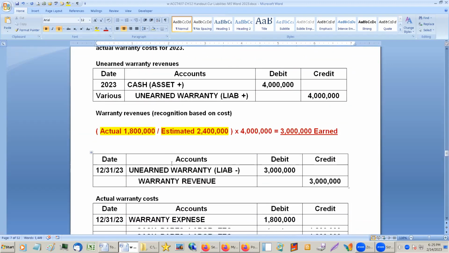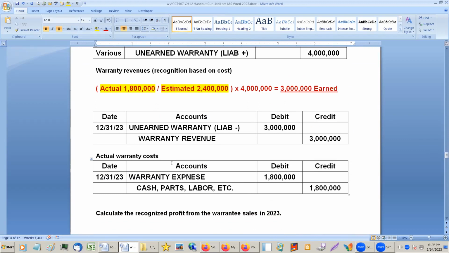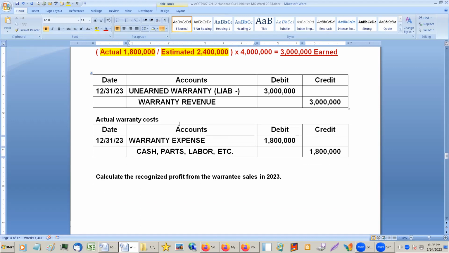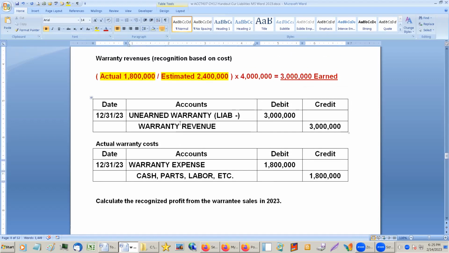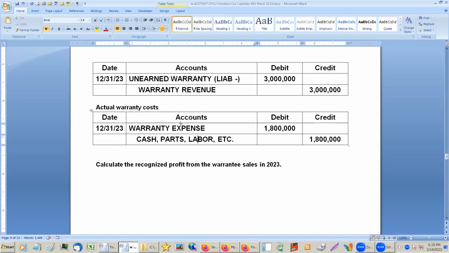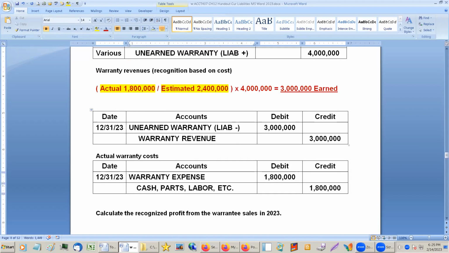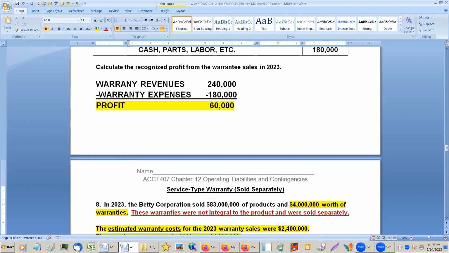How much profit? Oh, wait a minute, because of my bad typing. Anyone? 1.2 million. Yep, very good.